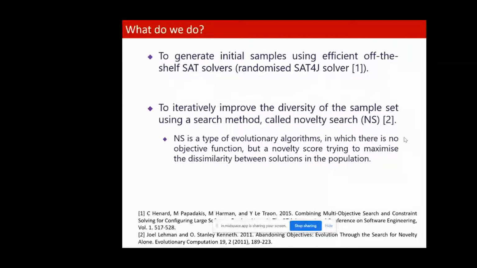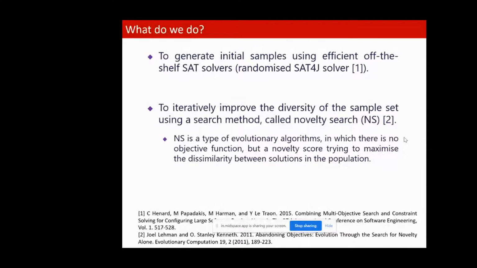So in novelty search, we don't have an objective function. We don't need to minimize a cost or maximize something. But here we have a novelty score. We're trying to maximize the dissimilarity between the solutions in the population.